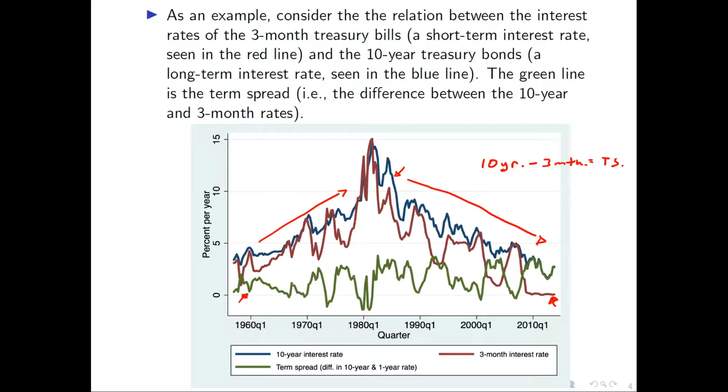And you can see that this difference between this long-term and the short-term interest rate, for example, for this point in about 1997, then you have a large 10-year interest rate and a smaller 3-month interest rate, and the term spread is then the difference.